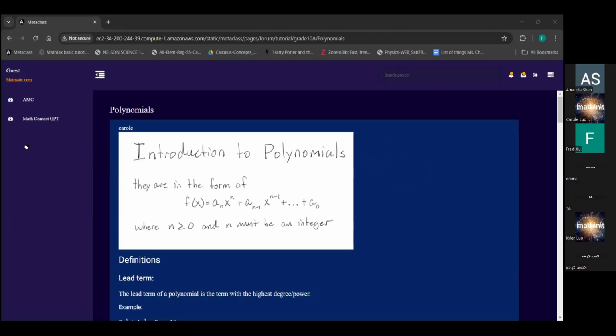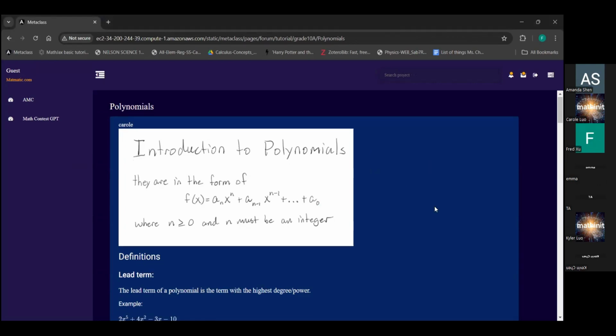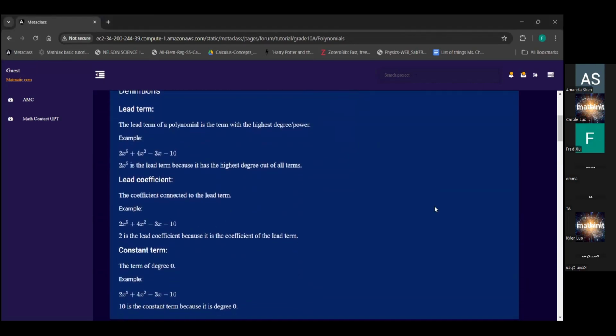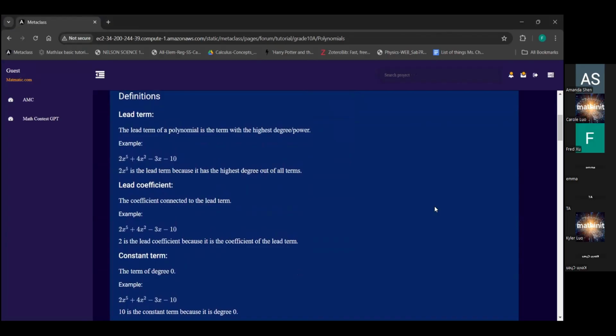Now, moving on. So these are some definitions of terms that you must know for polynomials. So the lead term. The lead term of a polynomial is a term with the highest degree or power.